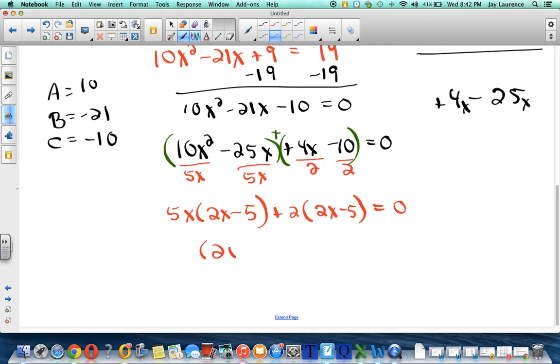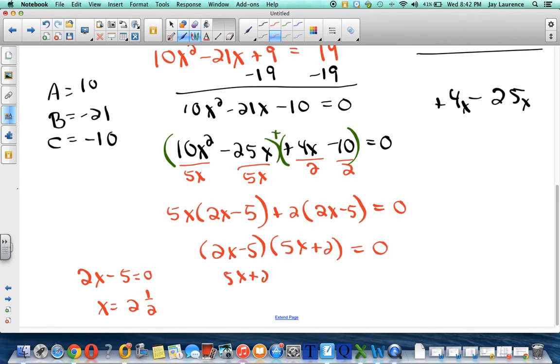My GCF is a 2x minus 5. I'll be left with a 5x plus 2. Now I need to solve both. 2x minus 5 equals 0. I'm going to skip a few steps and get x equals 2.5. Okay, and then 5x plus 2 equals 0. Skip a few steps and I'll get x equals negative 2/5.